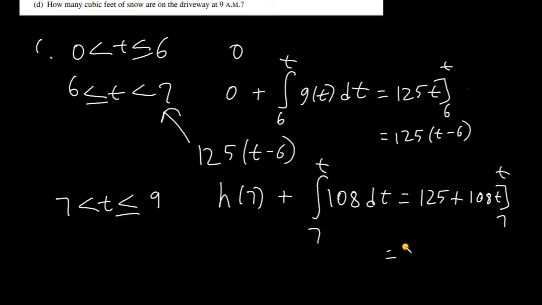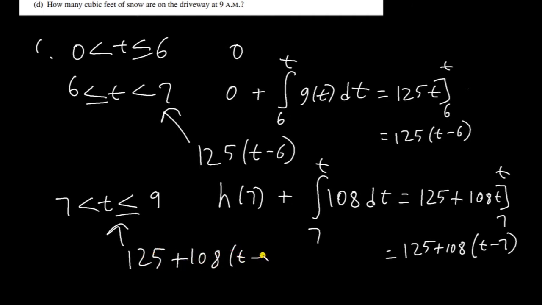Plug that in, we get 125 plus 108 times t minus 7. And that's how much snow she removed between t equals 7 and t equals 9. So that's 125 plus 108 times t minus 7.